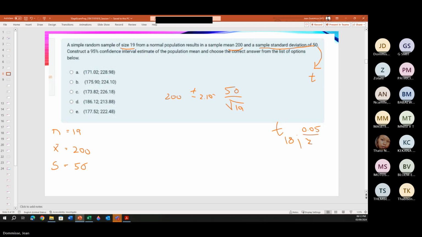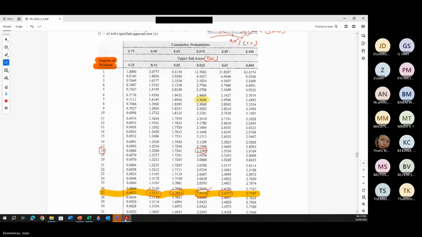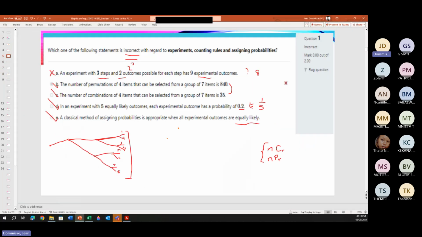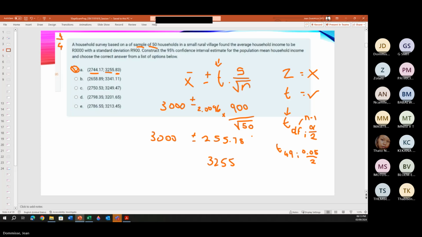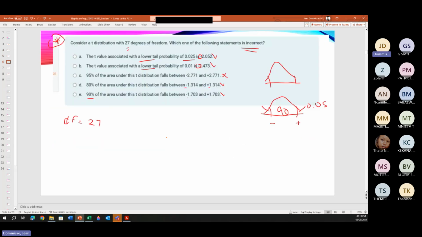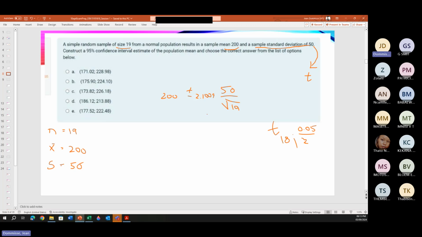Okay, so 50 divided by the square root of 19 is 11.47 times 2.1009. So plus minus 24.099.